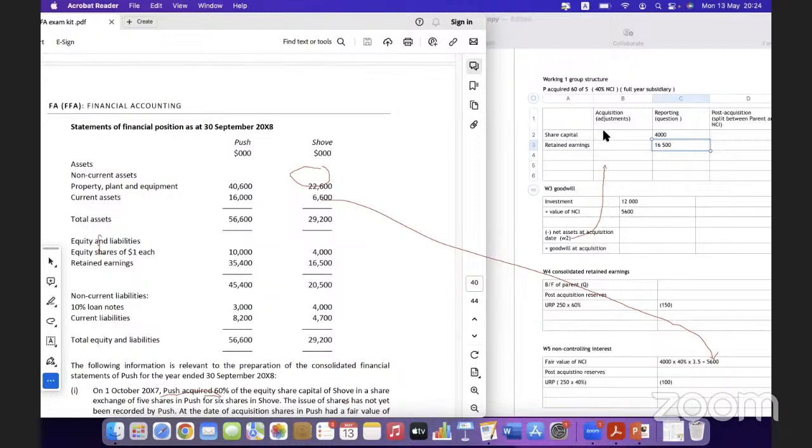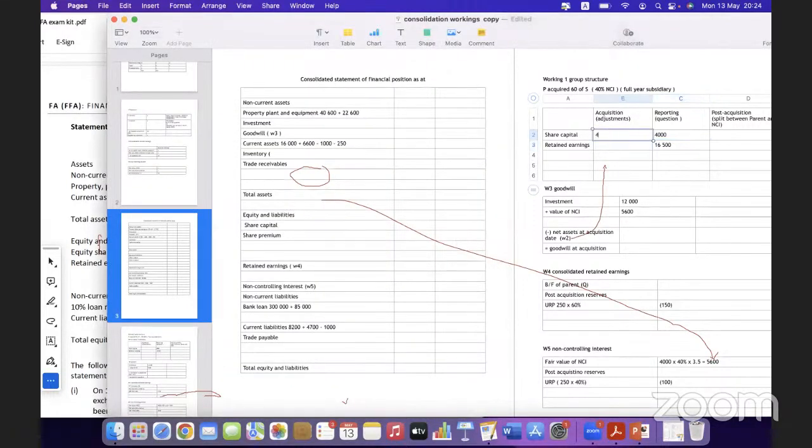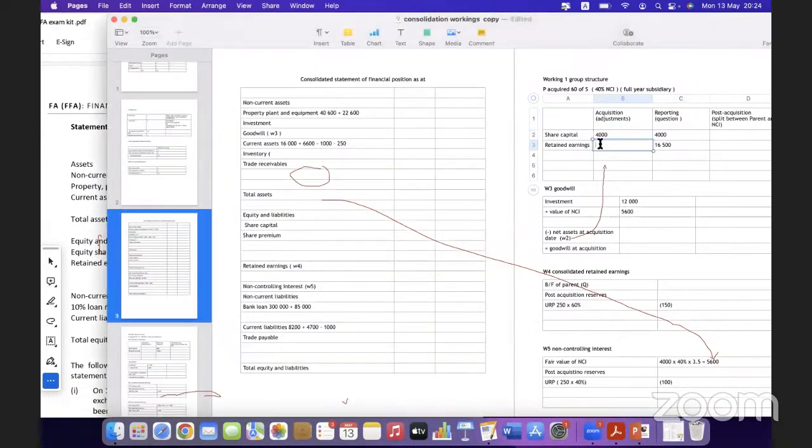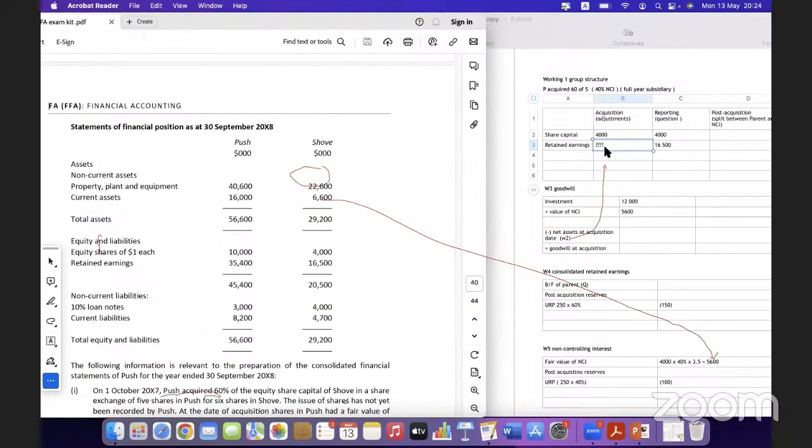Normally, at the foundation level and in the next level, it won't change. So therefore, it's 4,000 as it is. No changes at all. But the retained earning at the acquisition date is not given. Can you see here, guys? They haven't provided us that answer. So we have to calculate that.